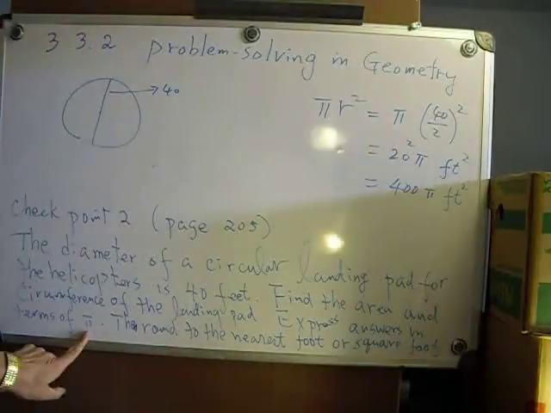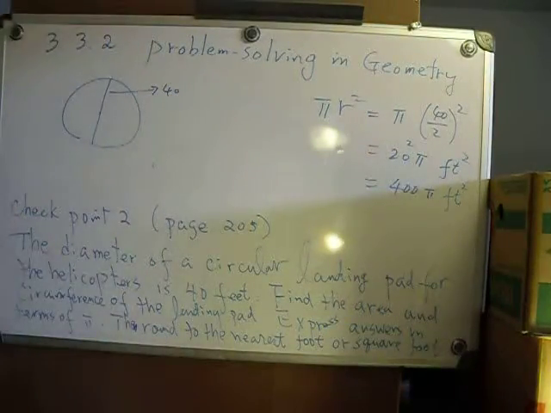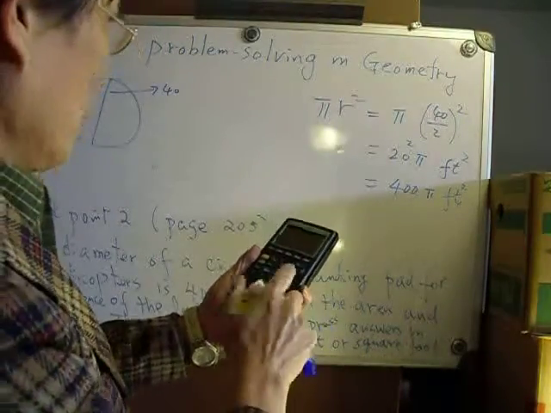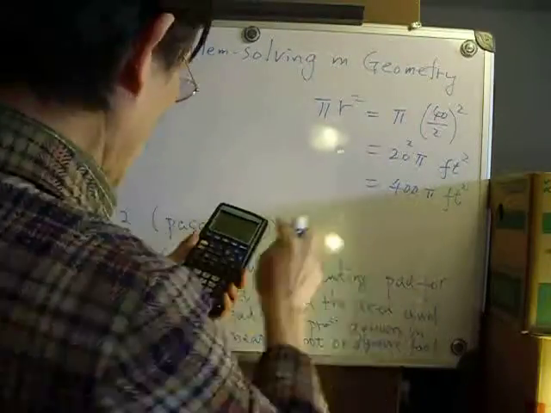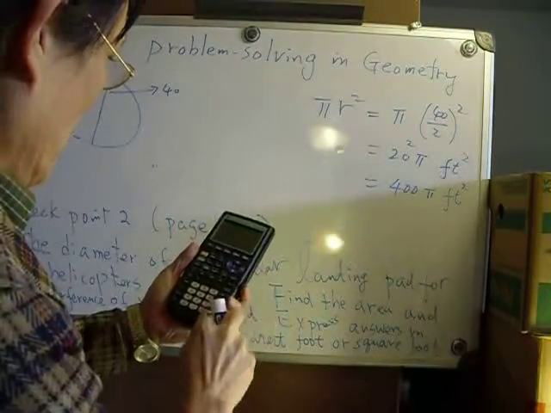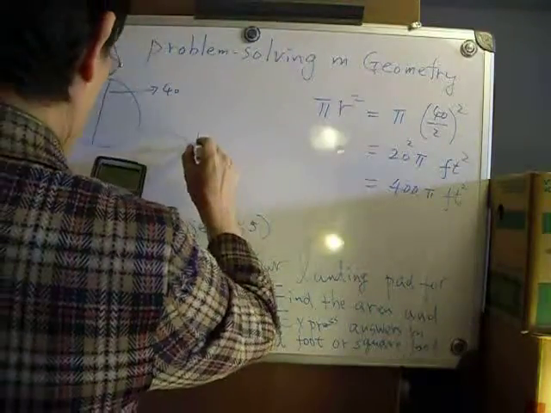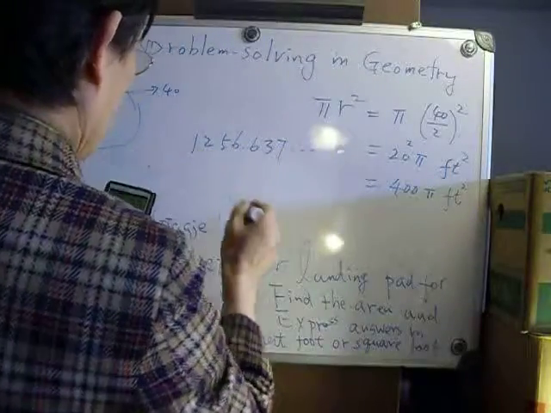Okay? Using the pi. Then round to the nearest square foot. Let's see, 400 times pi. So our number here shows 1256.637 dot dot dot.